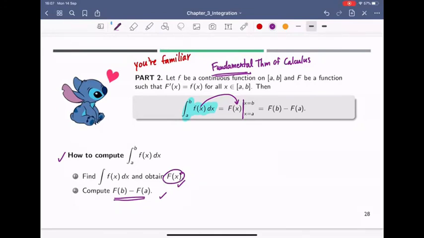Thank you to, I don't know who did this, Newton or something, Sir Isaac Newton or something, who proved this thing, and it saves our time computing definite integrals. You're going to see the power of this in a minute.